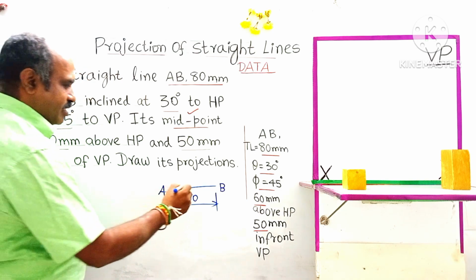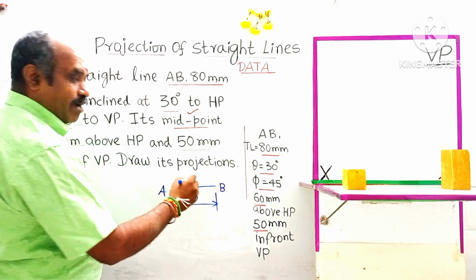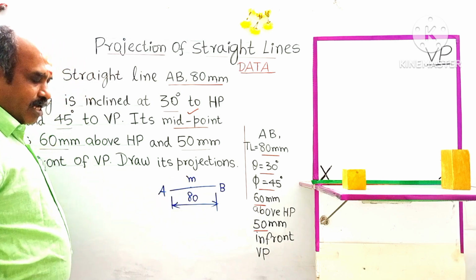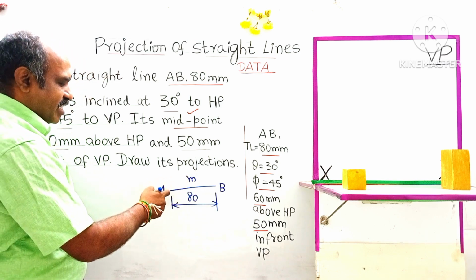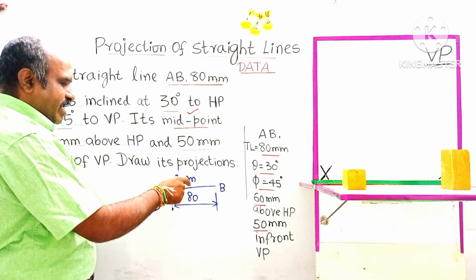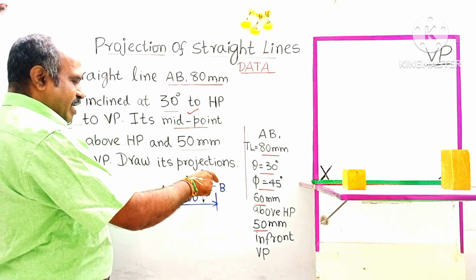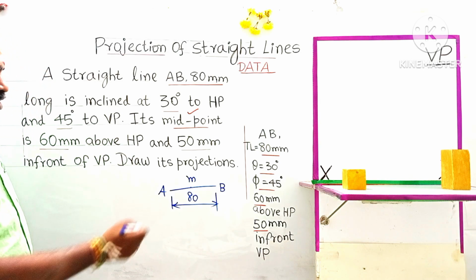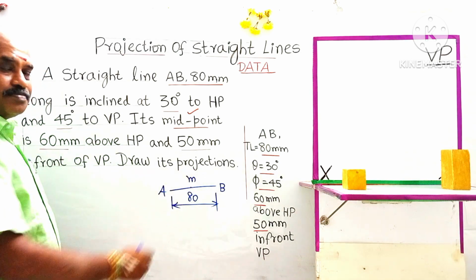The midpoint may be marked with any letter; here I am going to name it M. M is the midpoint of the straight line AB. So this distance will be 80 divided by 2, which is 40, and the right side will be 40 mm. The center is called the midpoint of the line AB, denoted as M.